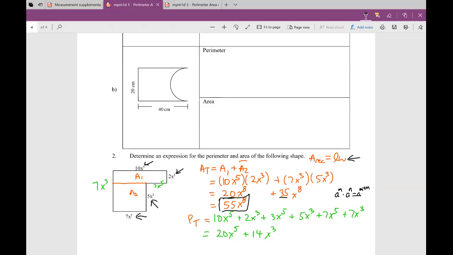For the perimeter, we actually had to figure out the unknown side. Now, technically, some of you can problem solve this and understand maybe we can actually extend that side, that 5x cubed, to this portion, and that 3x to the 5th to this side.